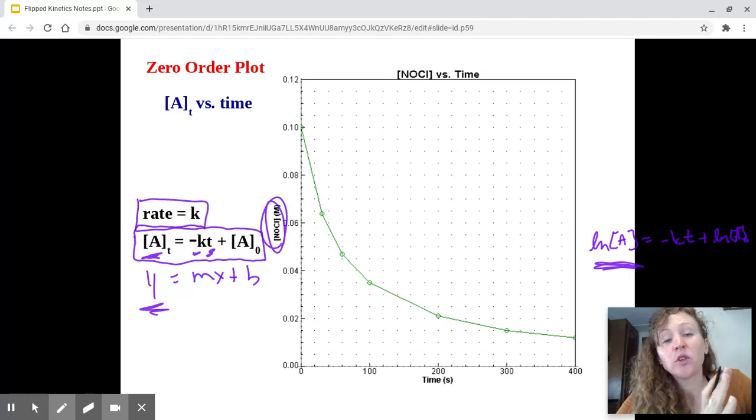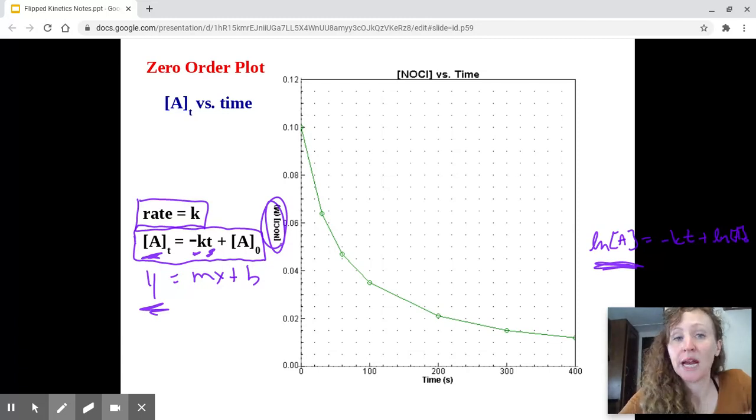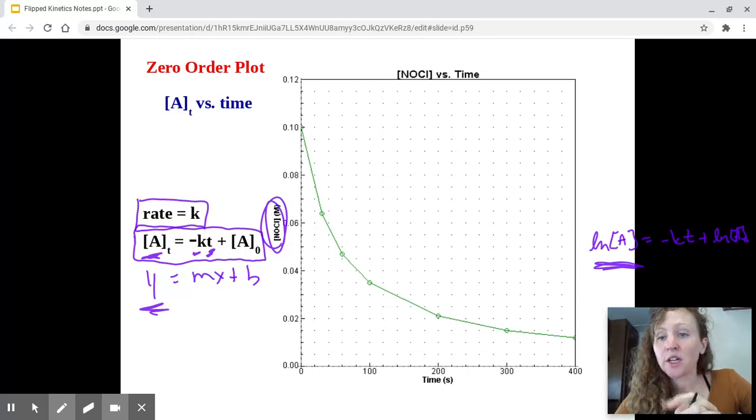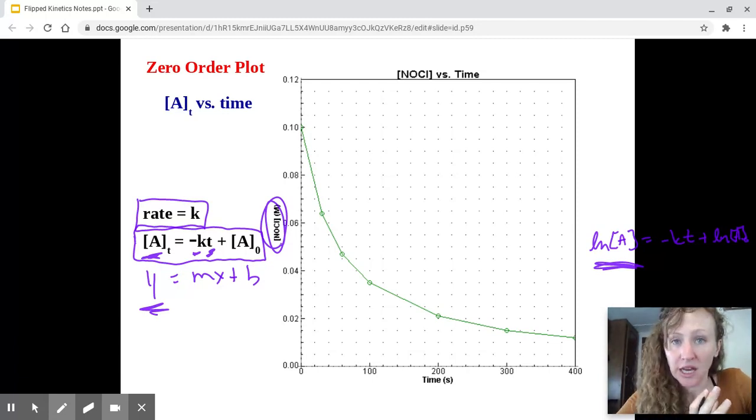So if you graph concentration versus time and it comes out to be linear, then your reaction is a zero order reaction. Okay, so zero order is concentration versus time with a negative k slope. First order is natural log of concentration versus time with a negative k slope.